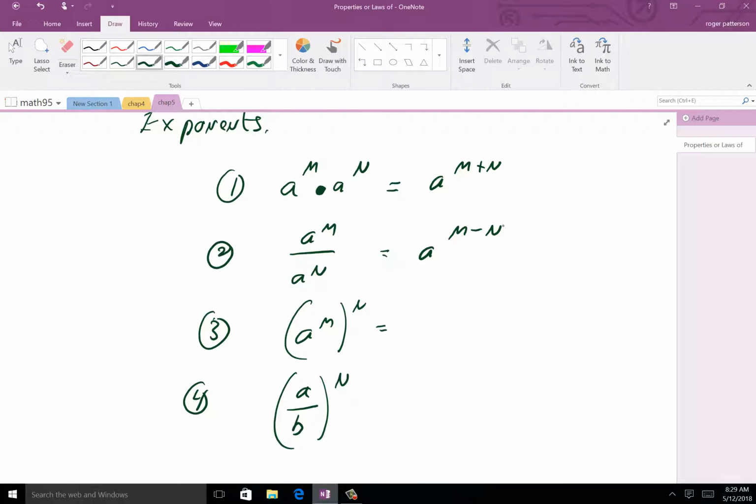Okay. When we're raising them to a power, what do we do with the exponents? Multiply them. And then here, this one's not a whole lot different than number 3. This is going to look like this.